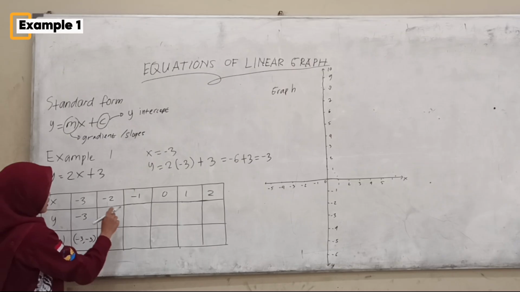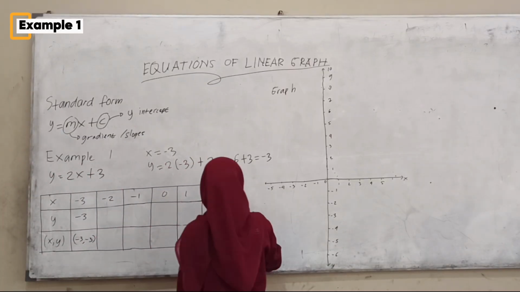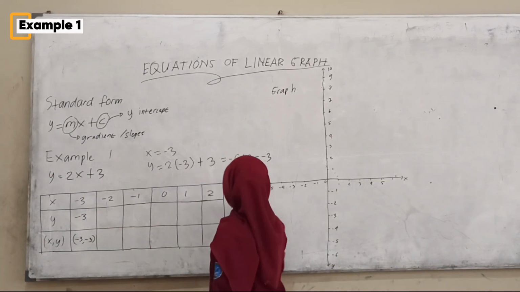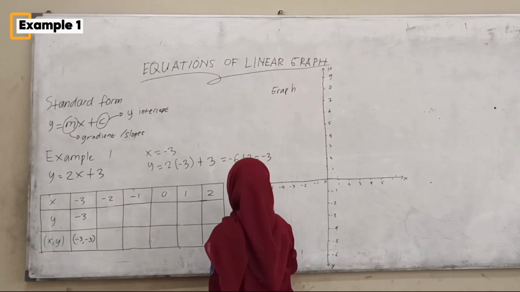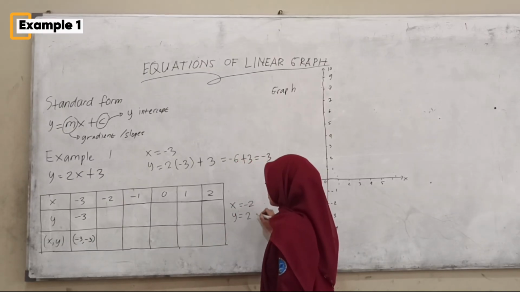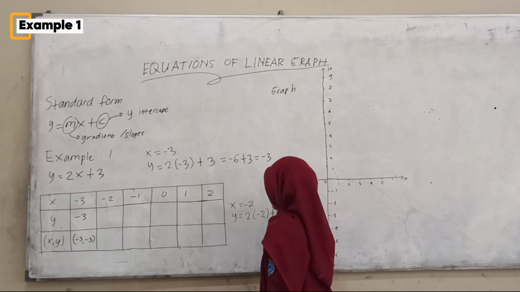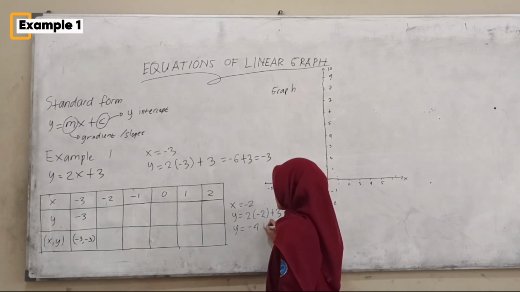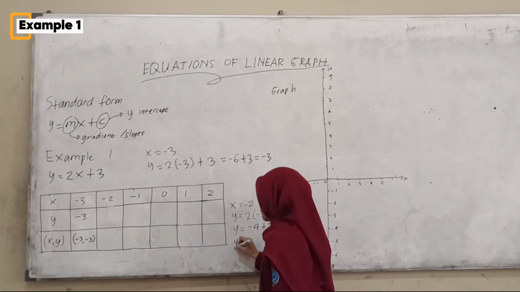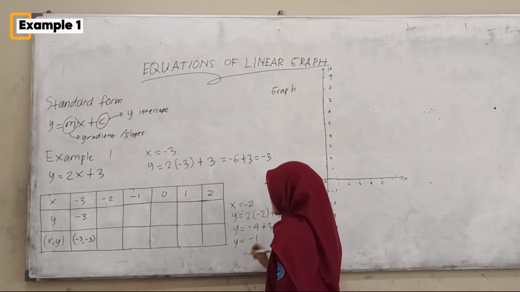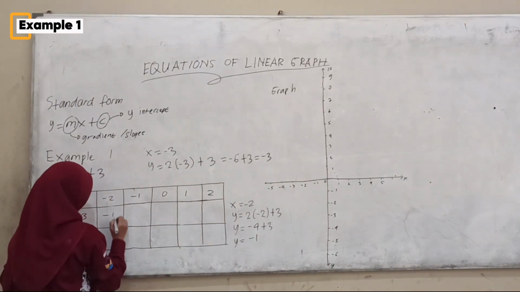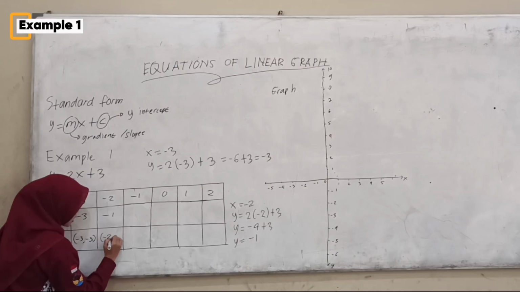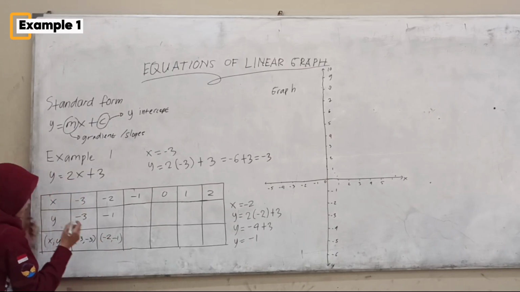So when the x value is minus 2, the y value will be 2 times minus 2 plus 3. So y equals minus 4 plus 3. So y equals minus 1. So it will be (minus 2, minus 1).